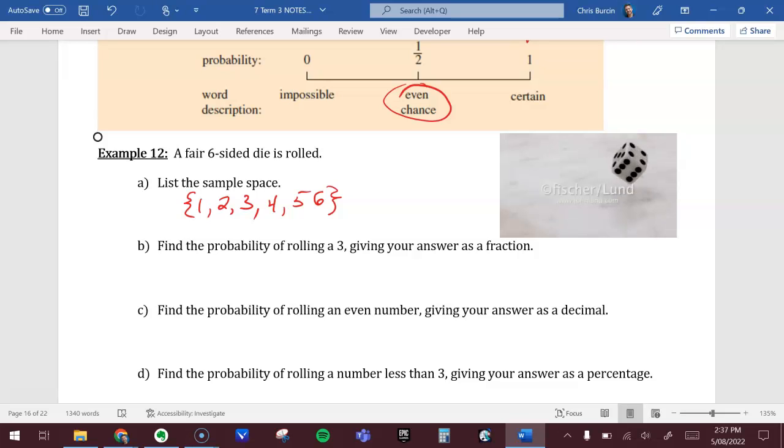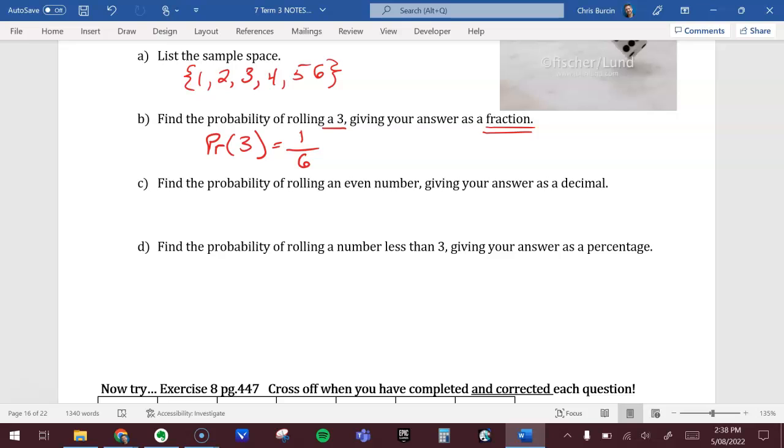So we're looking for the probability of rolling a 3, and we want to give our answer as a fraction. So I'm going to put in here what I'm looking for, the probability of what in brackets? That's a 3. And if I look, there's only one possible chance out of 6 that that is going to happen. And so my probability is 1/6, and that is already represented as a fraction.